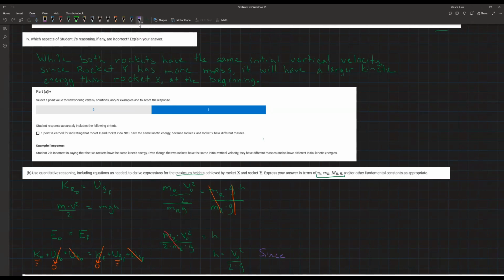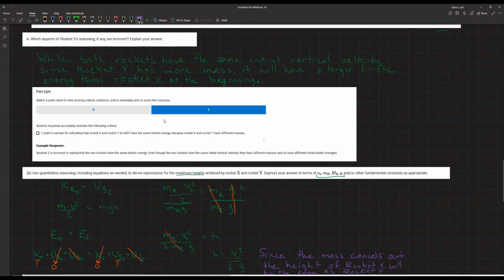Since mass cancels out, the height of rocket X will be the same as rocket Y. So we could actually do another calculation here, and we could do it with big M.